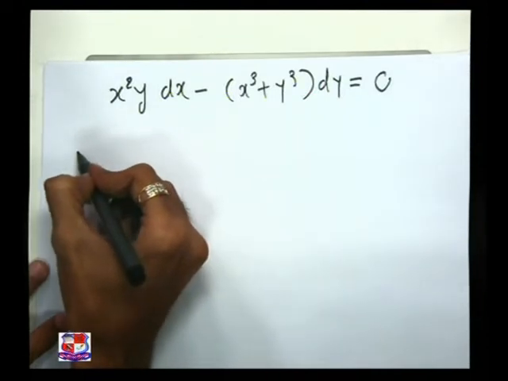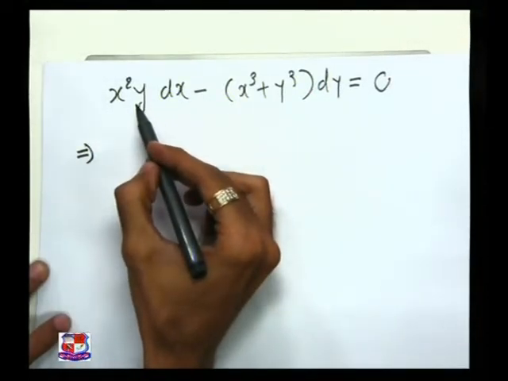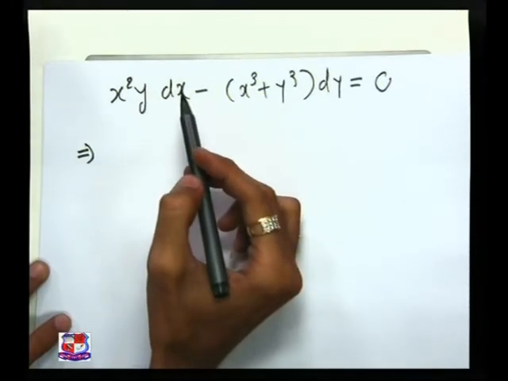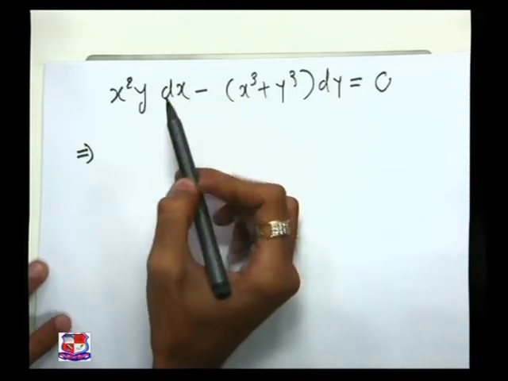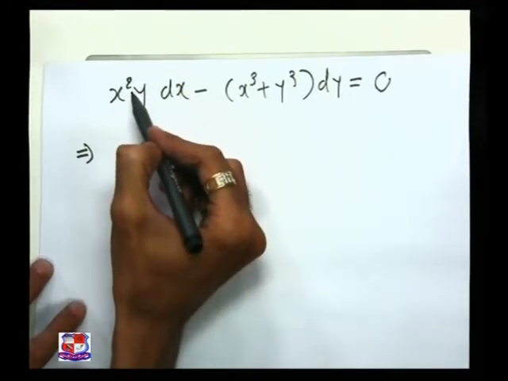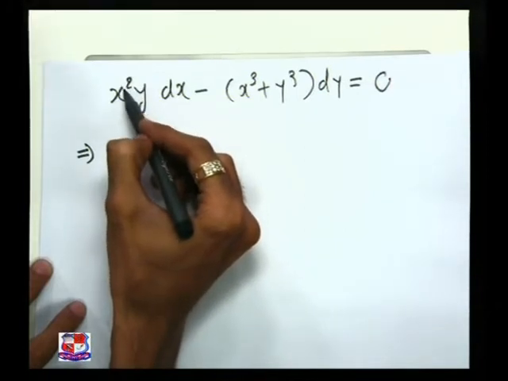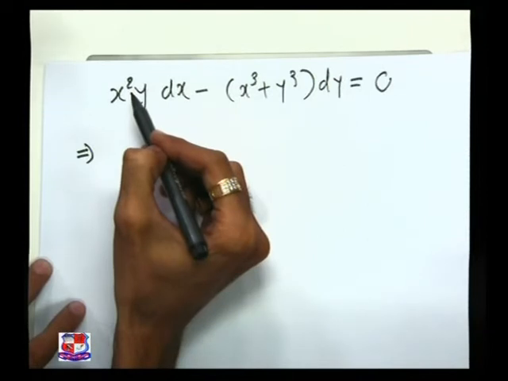First, I want to make clear that this equation cannot be solved by the variable separable method, because here the variables are not separable. We can see it easily. If we look at this equation, the index of x is 2 and the index of y is 1, so 2 plus 1 is equal to 3.